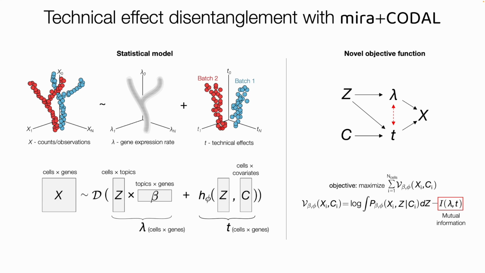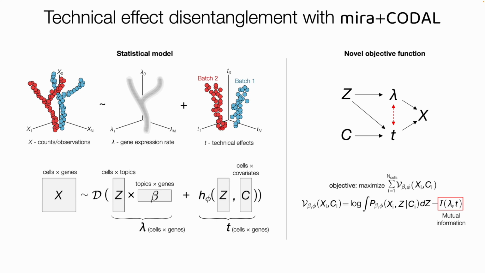Since the functional form of technical effects is unknown, we parameterize the estimate for technical effects as a neural network H, which depends jointly on cell state and batch covariates. Altogether, CODAL seeks to explicitly separate biological and technical effect influences on the observed data, and further factorize biological variation into interpretable gene expression modules.